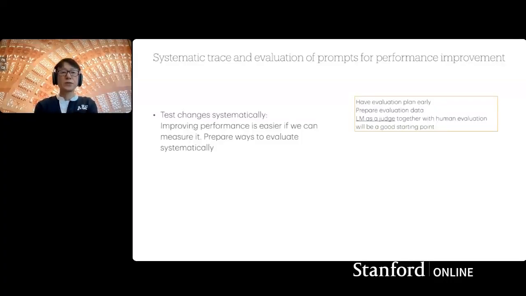That also relates to having an automated evaluation from the early stage of your development, which will definitely help you. In other words, you need to prepare question and answer pairs, ground truth answer pairs, so that you could compare them against the generated output. You could use a human to evaluate that, but that's usually costly and time consuming.